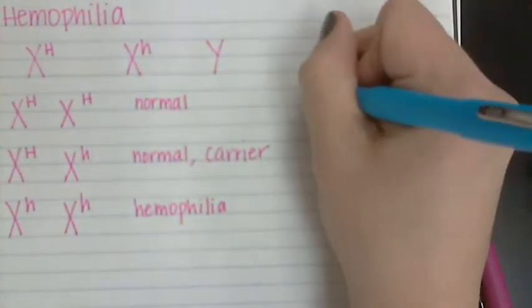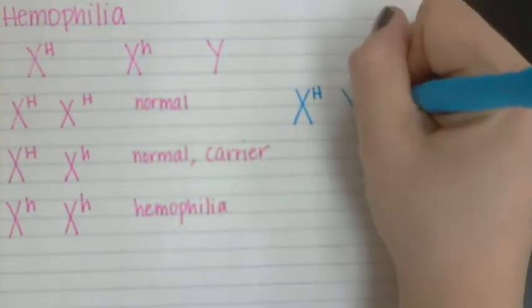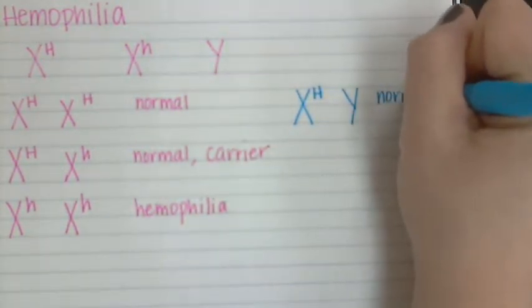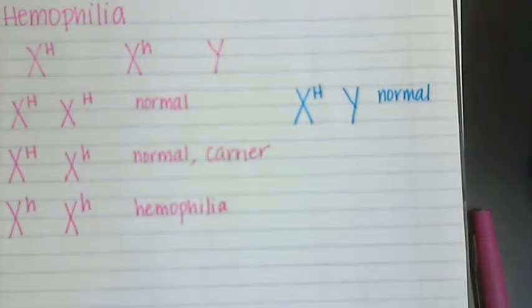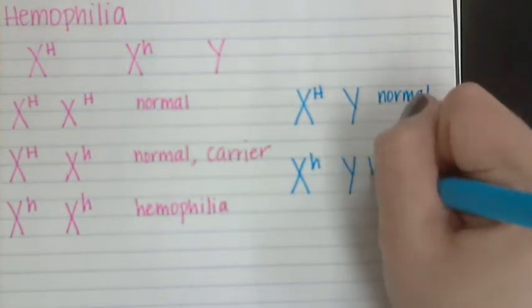For males, there's only 2 genotypes. They could get the dominant allele, and he would be normal. His blood would clot in the normal fashion. Or he could have hemophilia.